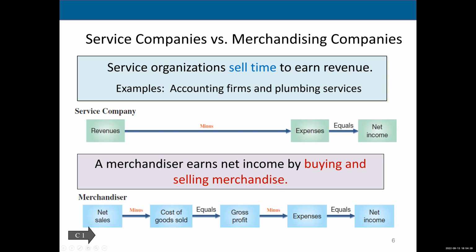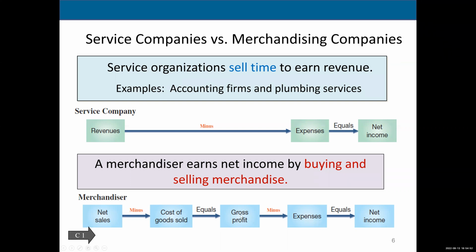We'll have an inventory account and definitely cost of goods sold expense when we sell the inventory. So this is what it kind of looks like. Net sales, and I'll talk about what net sales means. It's net of sales discounts and sales returns and allowances, but don't get too tripped up right now. Just sales minus cost of goods sold is gross profit.